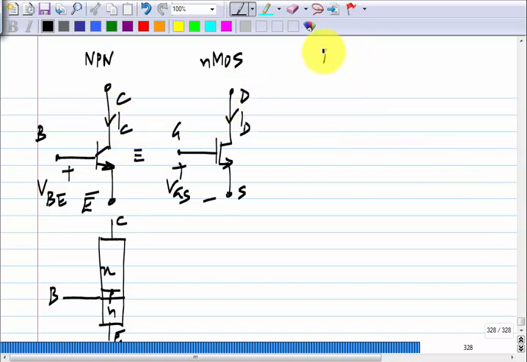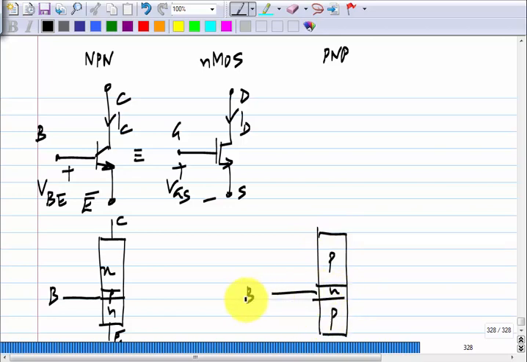And similarly, there is what is known as a PNP transistor. You have seen this, right? Have you seen it in the devices course? PNP transistor. Yeah. So, all you do is interchange P and N. So, you have N type base, this is the base, collector and emitter, and I am drawing the emitter on top, keeping with my convention of putting the higher voltage on top and lower voltage on the bottom.